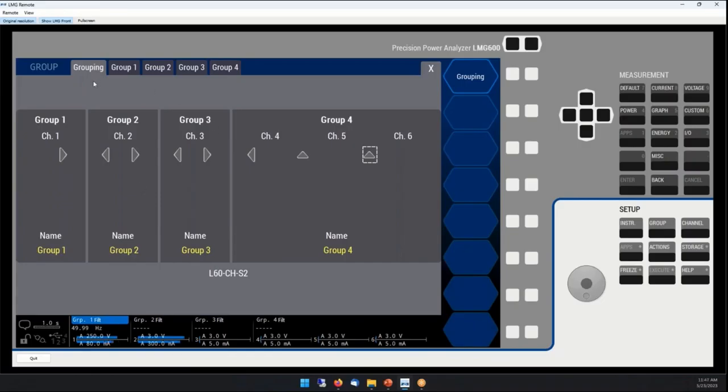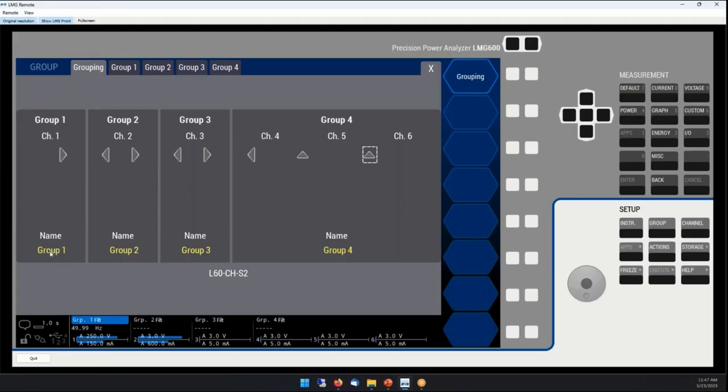Yes. And first of all, let's think about the measurement. What we have to measure. We have a device with an AC input and a DC output. So we need 2 channels for this measurement. And on this 6-channel device, I have placed channel 1 into group 1 and channel 2 into group 2.